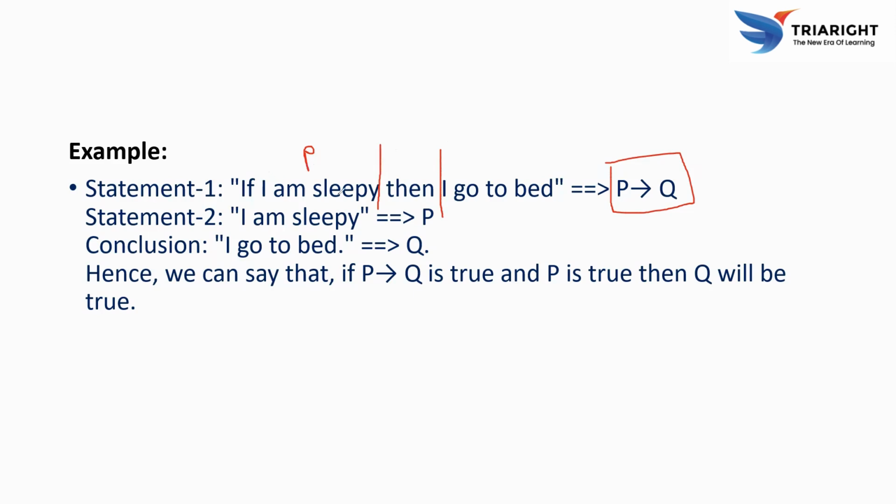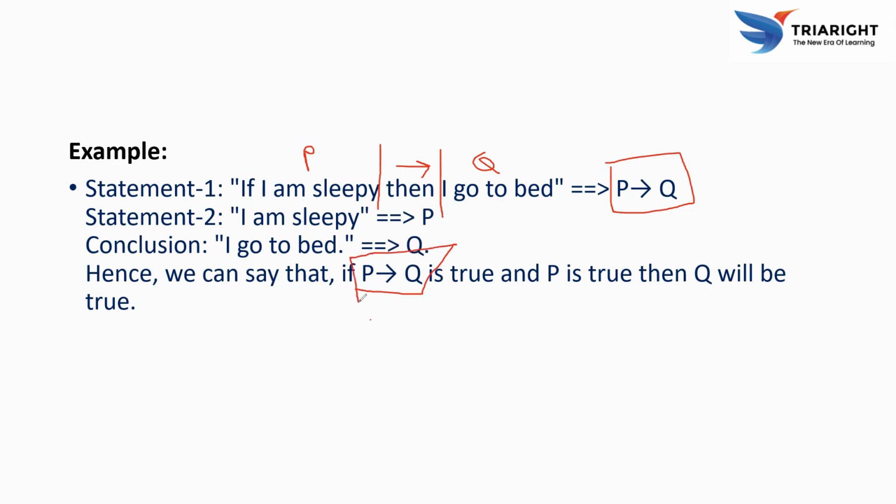I am going to bed I denote as Q. So we can divide the sentence easily, and for the final output we get this.